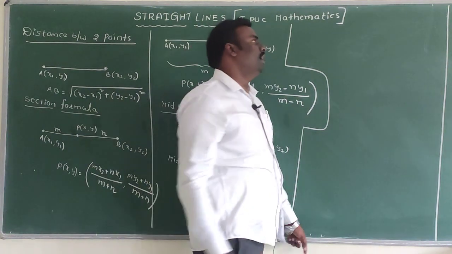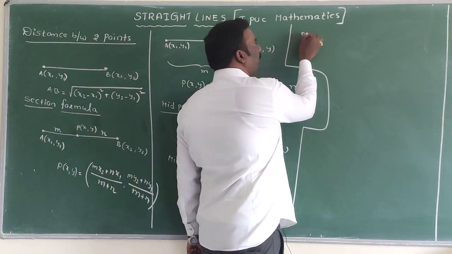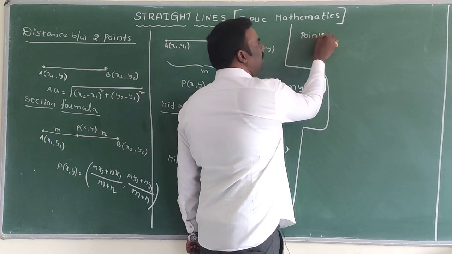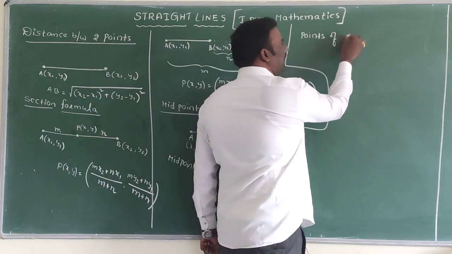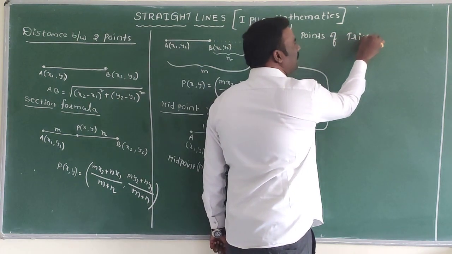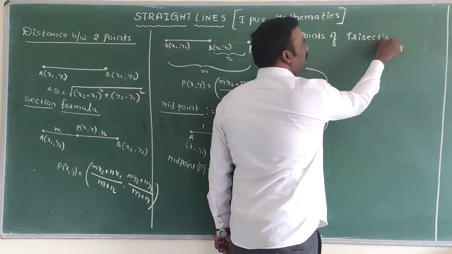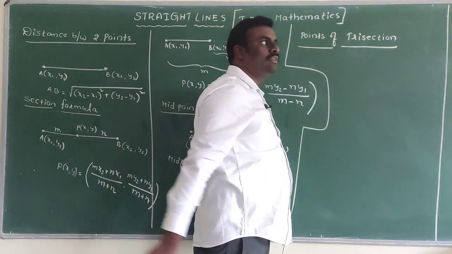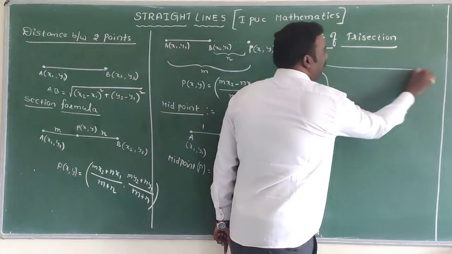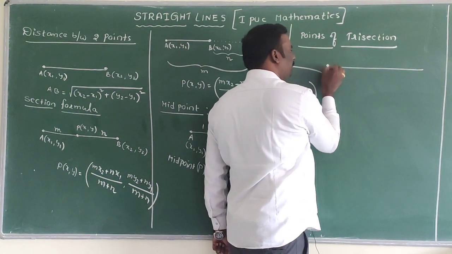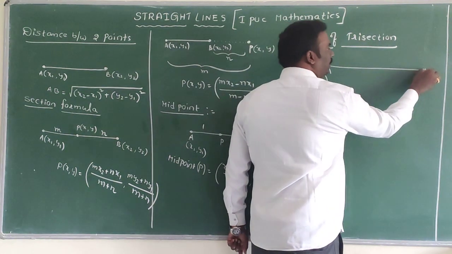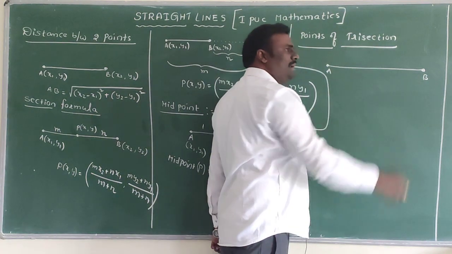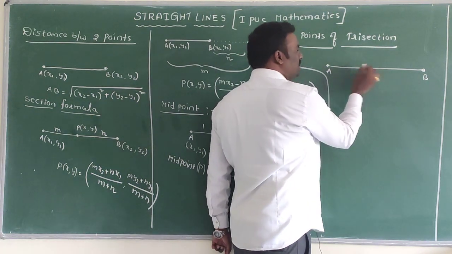Next, what is meant by points of trisection? See here, AB. On the same line AB I am taking the points.